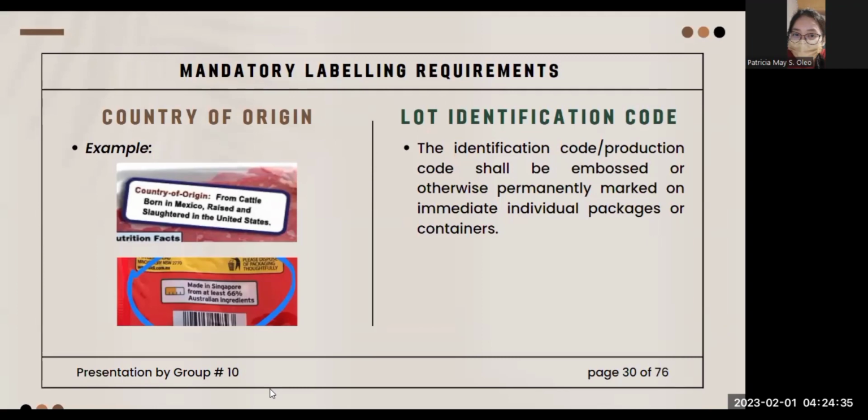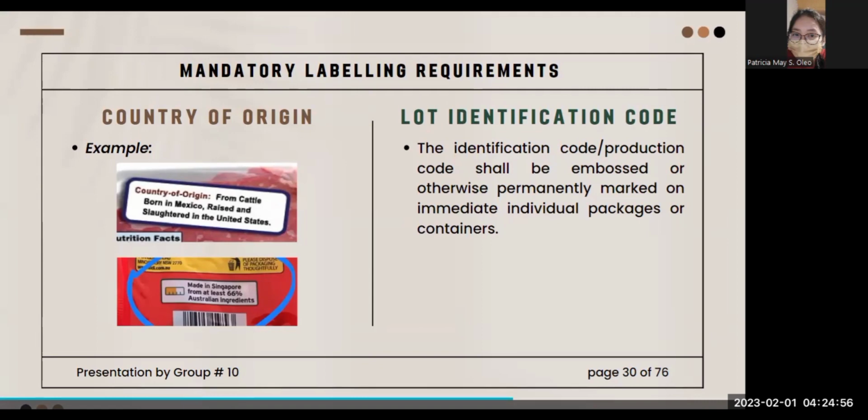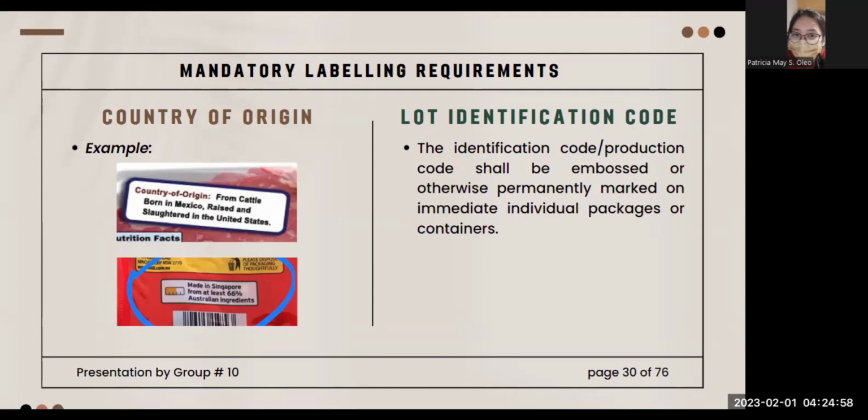Then, dito naman, country of origin, kung saan nagsimula yung product. Kung made in, for example, made in China ba, USA, Australia, or mismo dito sa atin sa Pilipinas, and so on. Next, lot identification code. It refers to a specific code indicating food produced during a period of time and under more or less the same manufacturing condition.